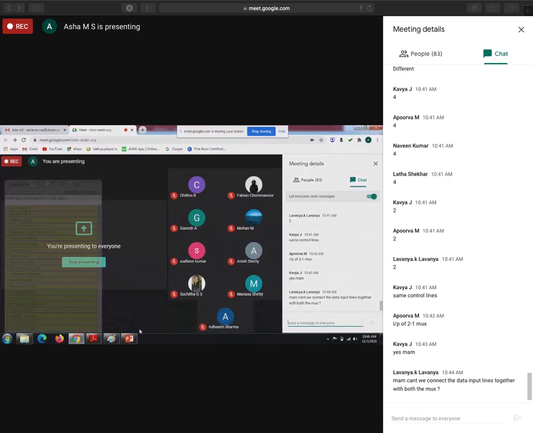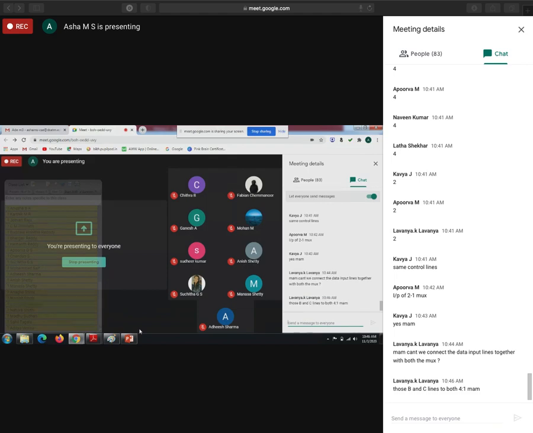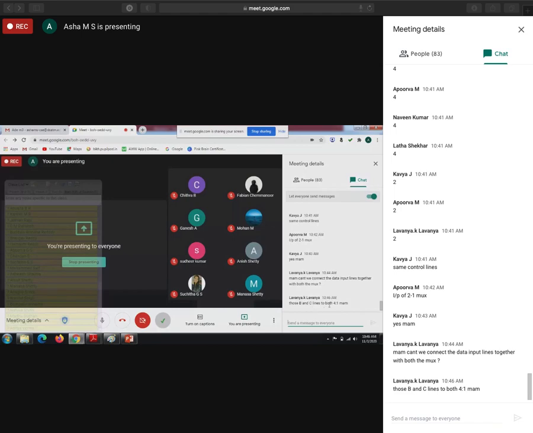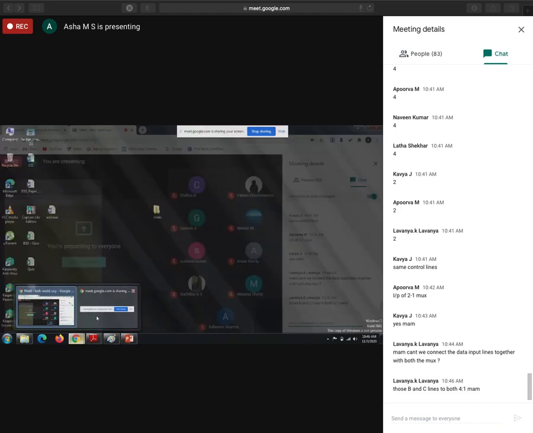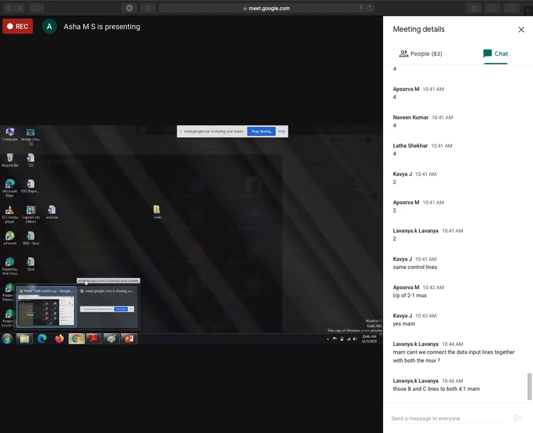Both the muxes, from the 4 to 1 muxes, those B and C lines, you can connect together, but how will you connect? It's very difficult to write. No, that's the reason we connect them separately.